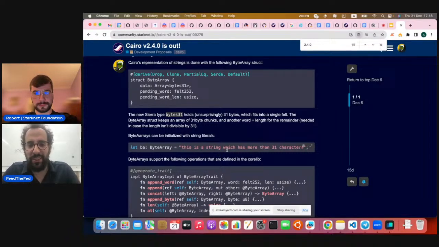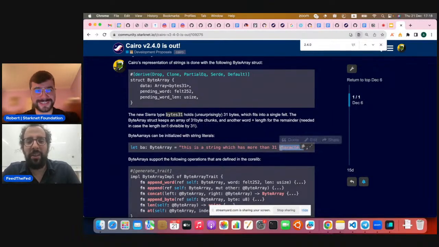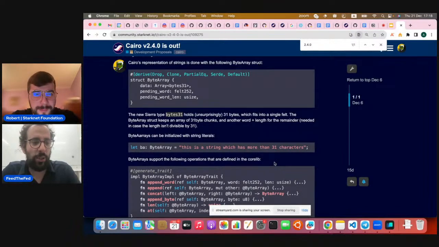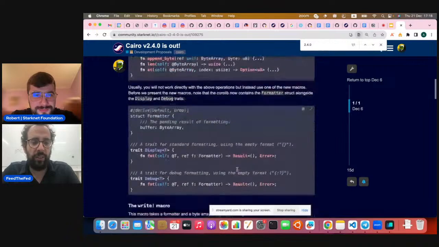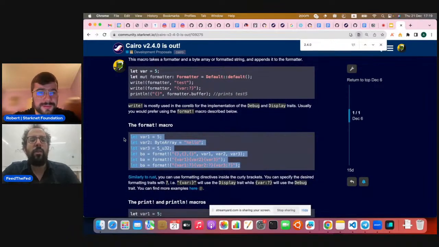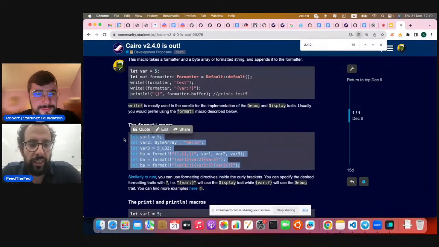People in the ecosystem long enough can basically look at a string and tell you whether or not it surpasses 31 characters. So no more. With the string literals, you no longer have to care about it. We have the new byte array type, and you can do all the string formatting that you can do in Rust. So very nice stuff.